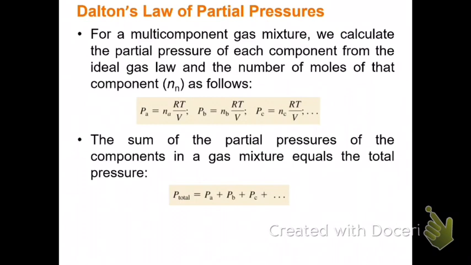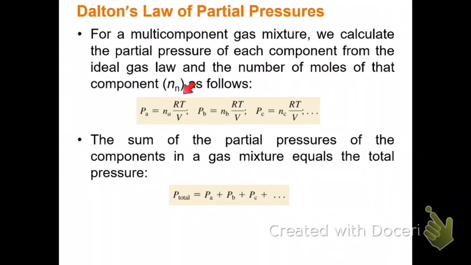Okay, so for example, if we have gas A, gas B, and gas C, all in one container, then we can calculate the individual pressure of each gas using these equations. This is based off of the ideal gas law equation, PV equals nRT. They all share the same temperature and the same volume.